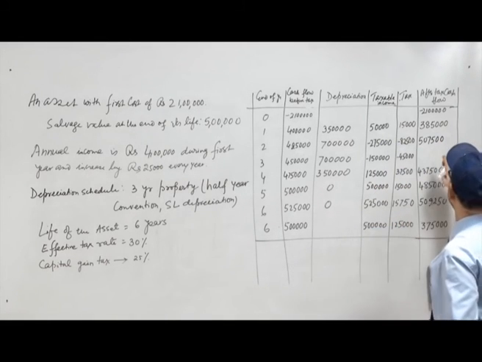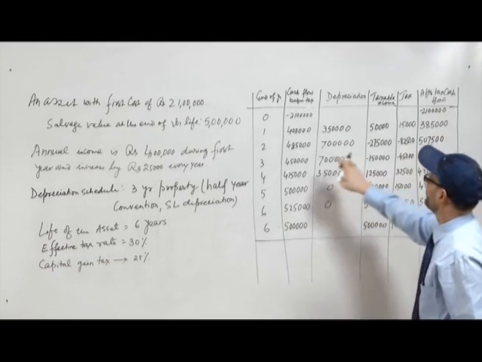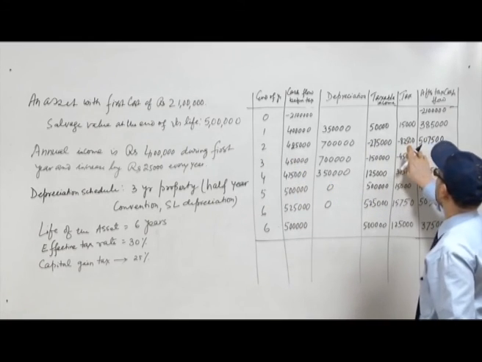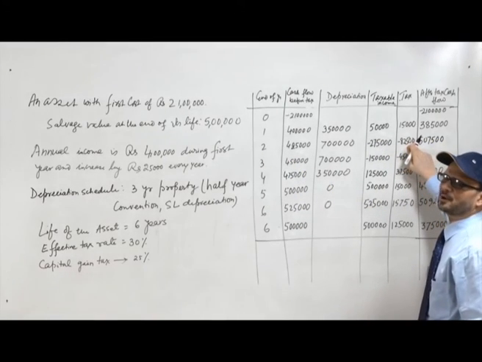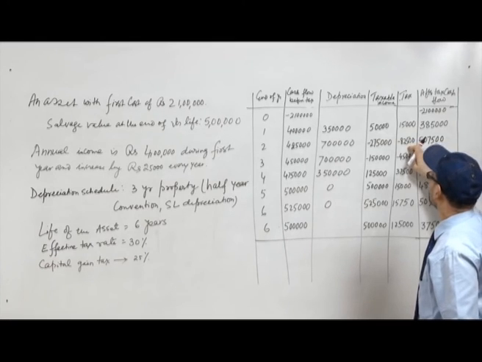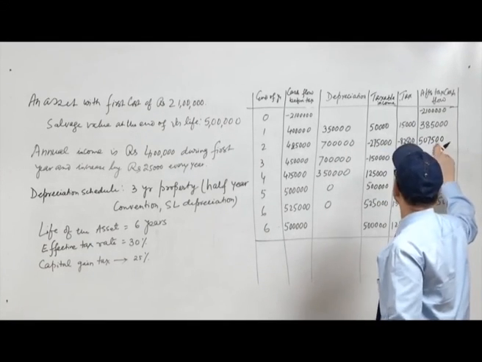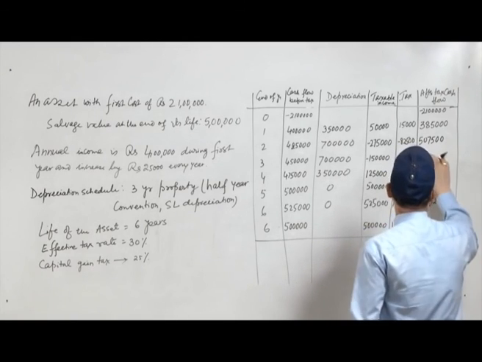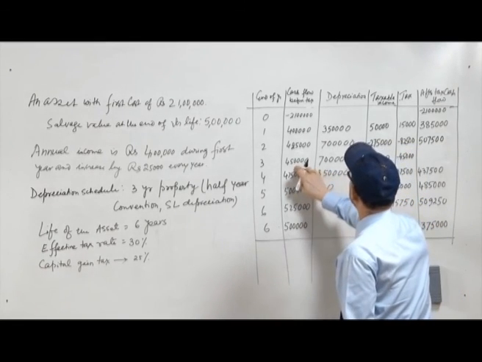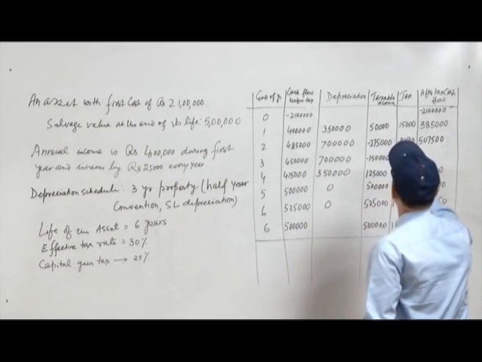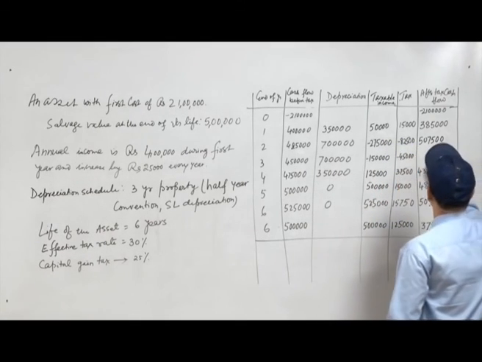So this will be the after tax cash flow for the second year, because this is the negative quantity, this is the tax saving, and that is why your cash flow is increased at this point. In the same way here you have 450,000 plus 45,000, which is the tax saving, so you get 4,95,000.